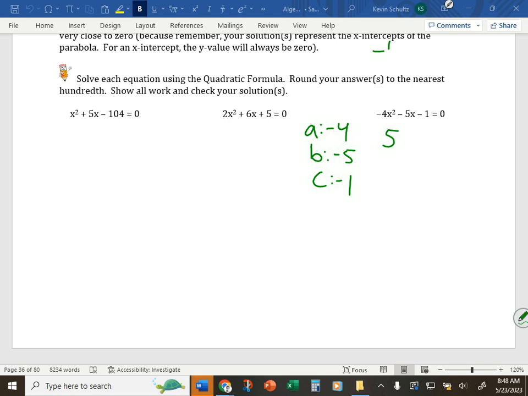That negative sign is part of the formula, but if our B value is negative, negative 5 is positive 5. And then that's plus or minus the root of negative 5 squared. This time the parentheses are required. Hopefully you're just putting them in there anyway, but this time they are required. B squared minus 4 times negative 4 times negative 1, all divided by 2 times negative 4.